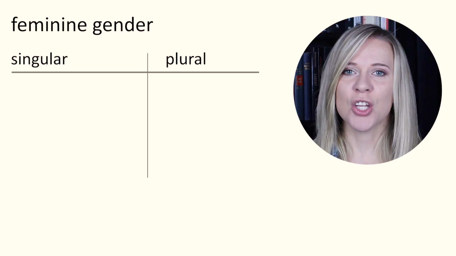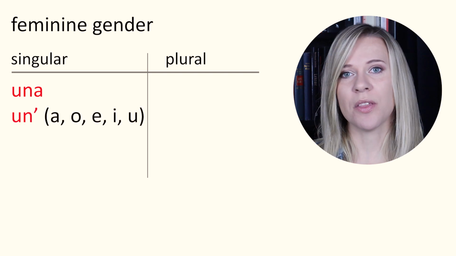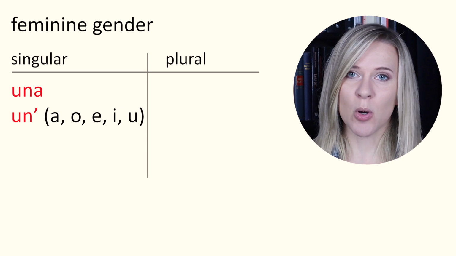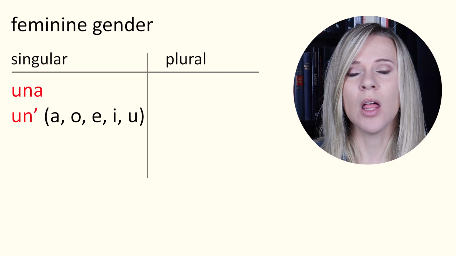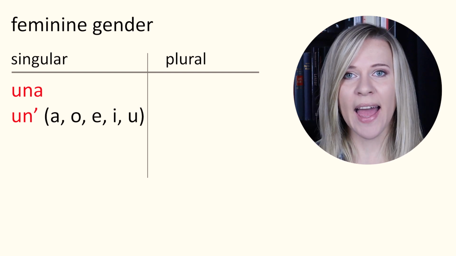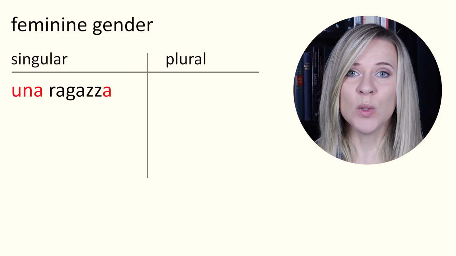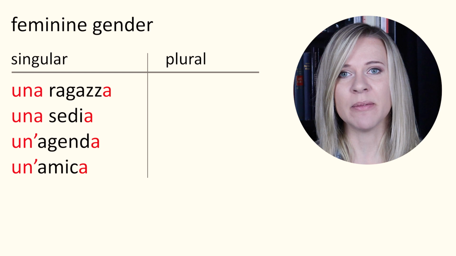In feminine, you just have two possibilities. Una or un' with apostrophe. You usually use una. Un' with apostrophe you use when a word, a noun, begins with a vowel. A, E, I, O, U. Una ragazza, una sedia, un'agenda, un'amica.